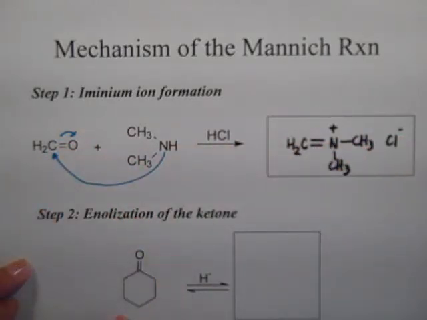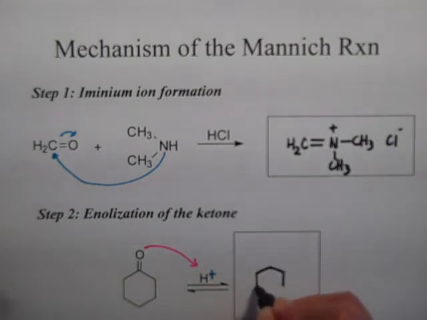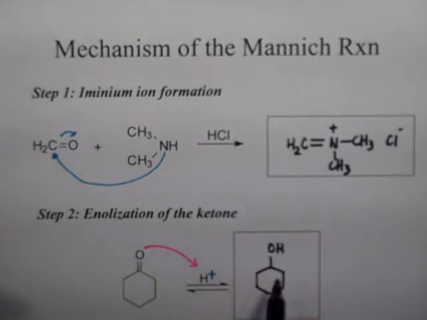What's happening with the ketone is that it's forming an enol under acidic conditions. And by the way, this should be a positive, so make sure you fix it in your notes. Under acidic conditions, the oxygen will get protonated, and then you form an enol, and you and I know that an enol has a carbon-carbon double bond.